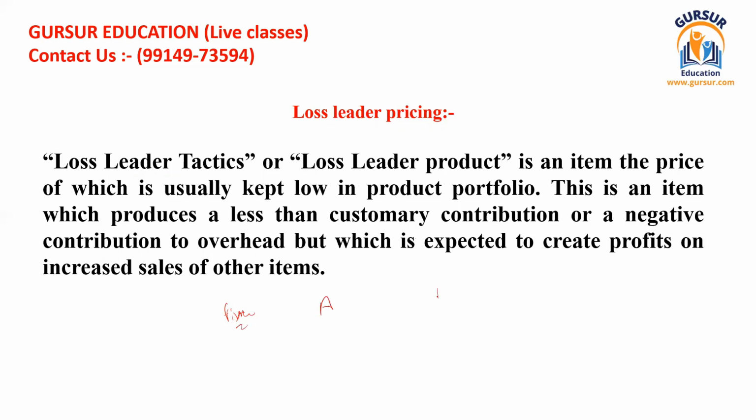There is product A, there is product B. So it lowers the prices of product A so that consumers can be attracted to other products offered by the company which have high prices, so that they can cover the losses faced by lowering the prices of A. Okay, so they can cover the losses which the company has suffered by lowering the prices of product A. So this is how loss leader pricing or tactics works.